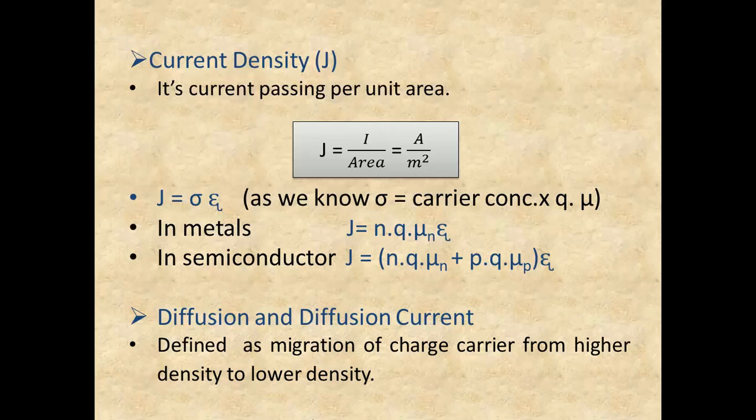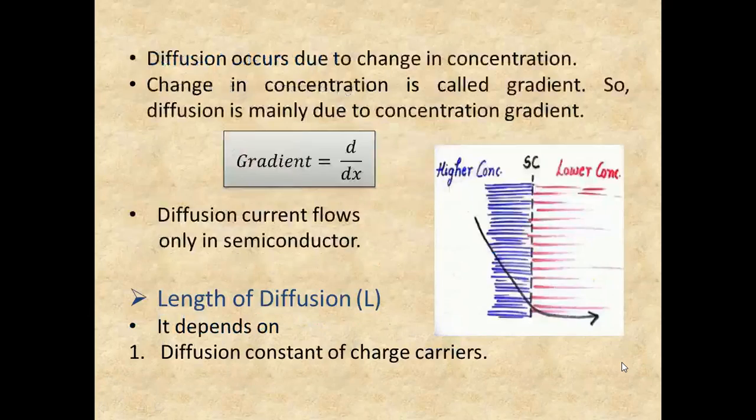When something falls from a high level to a low level, that's called diffusion. Falling from up to down is a natural phenomenon.